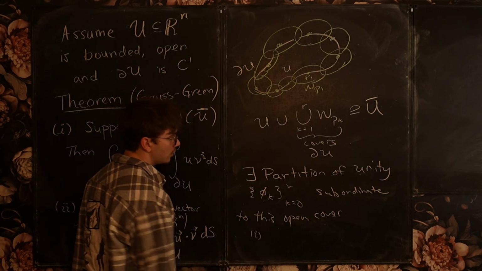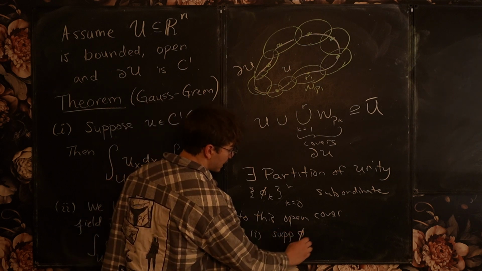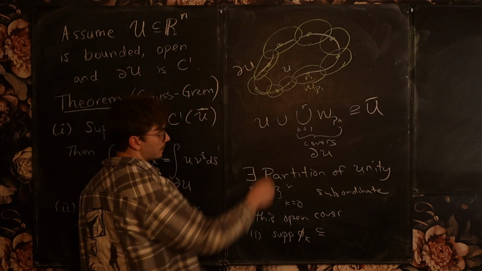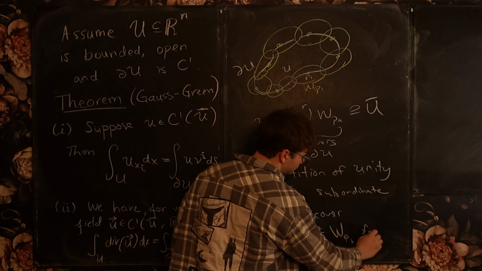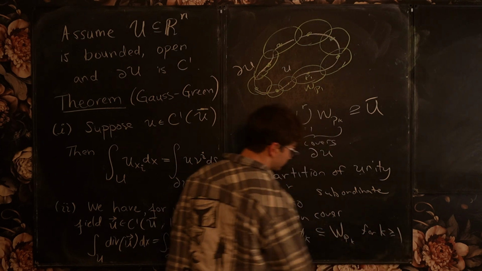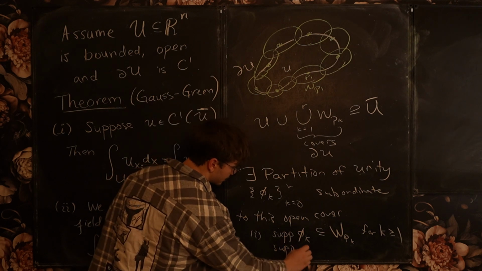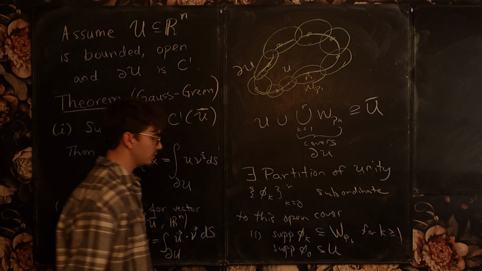First, we require that the support of these phi k's are contained in the open set, so let's say WPK for k greater than or equal to 1. And just by my indexing here, support of phi 0 is contained in U.